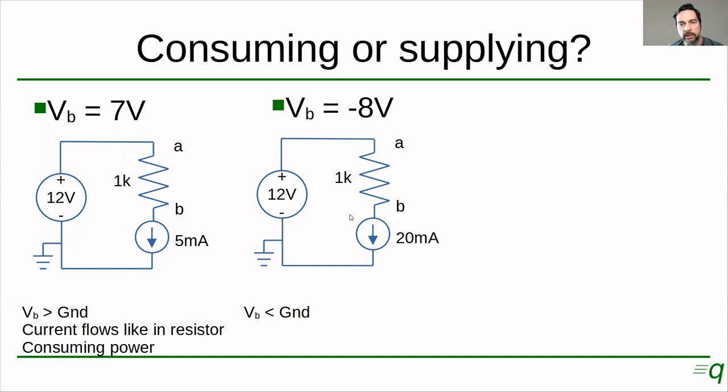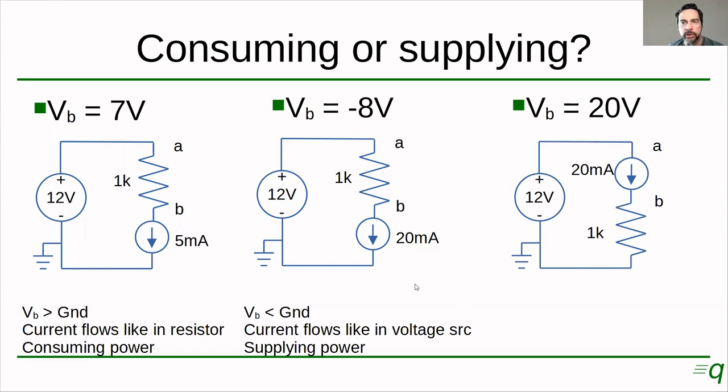And current is flowing from negative to positive, okay, from top to bottom, but the top is negative when referenced to the bottom ground here. So current is flowing like in a voltage source, right? Therefore, this current source is actually supplying power to the circuit.